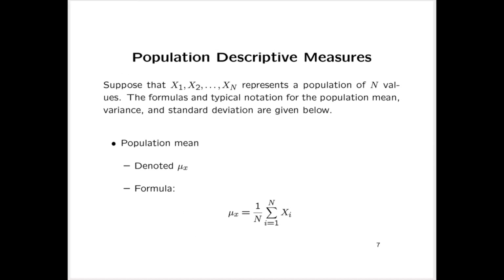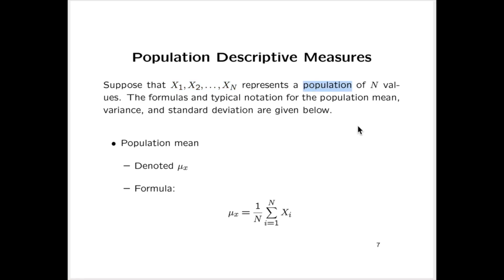Next, we're going to look at various population and sample descriptive measures. We'll start off by looking at population descriptive measures. So suppose that x1 through xn represents a population of n values. The key statement here is that this collection of values represents a population, not a sample.